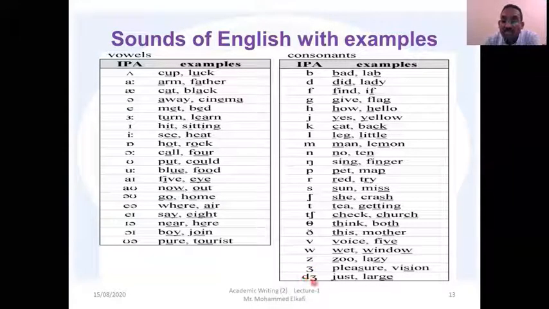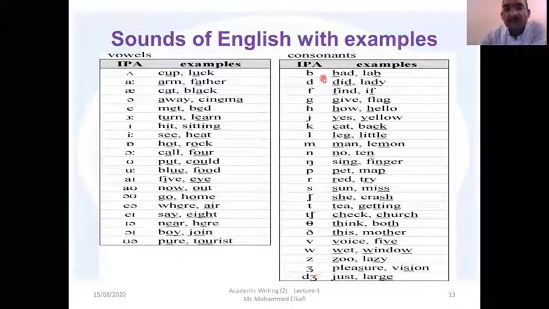But this one is j, as you add da before zh. Just. Large. You think of j. The sound here is j. This one zh and this one j.